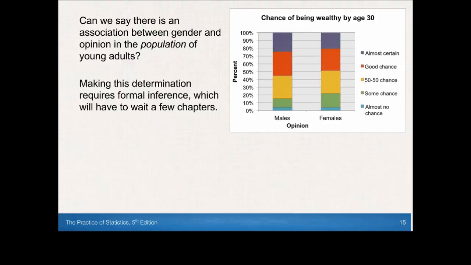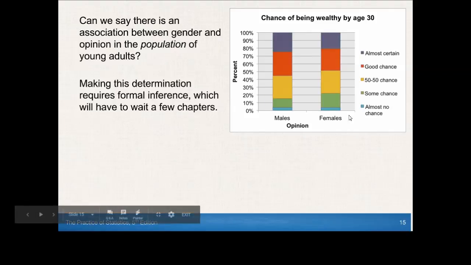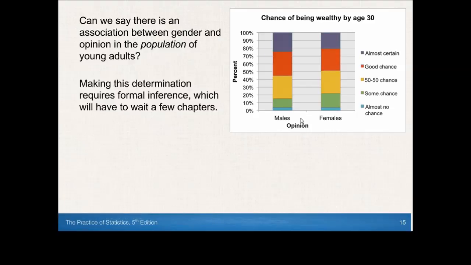So I would say at this point we could say, yeah, maybe so. It looks like most of the males think higher. If we were to do a side-by-side graph, we might see that in most of the top categories, the males are above the females. So that means they have a positive opinion on whether they are going to be rich.